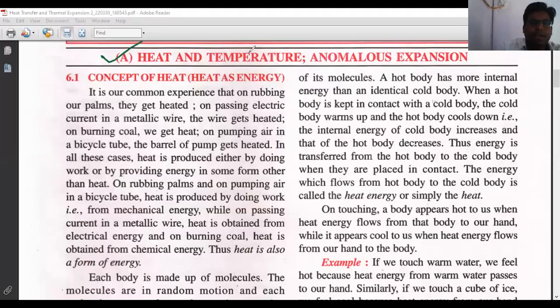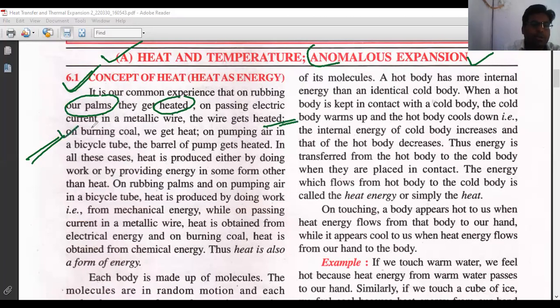So look here, heat and temperature, and the next topic will be anomalous expansion. We'll see the first concept, heat or heat energy. In our common experience, on rubbing our palms we get heated, right? On passing electric current in a metallic wire, the wire gets heated.